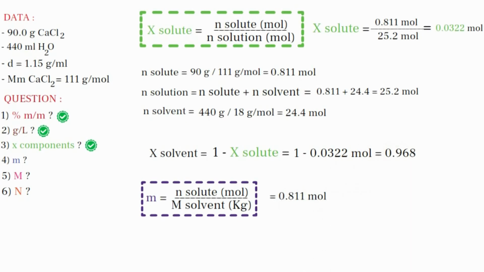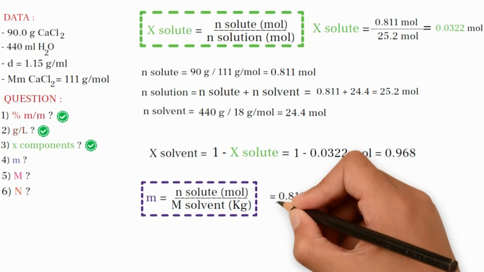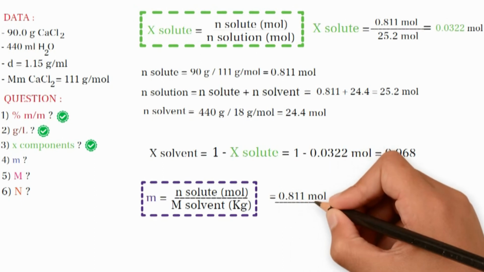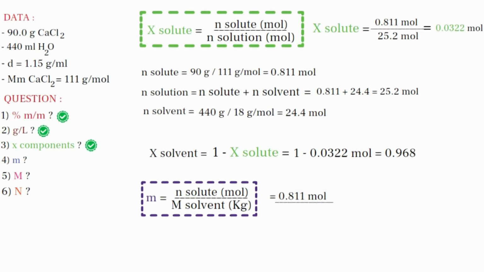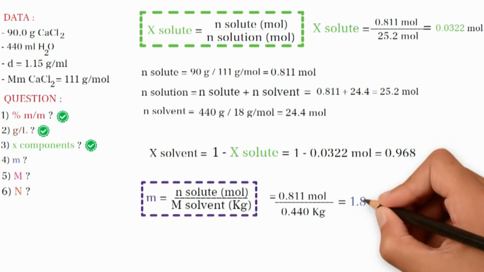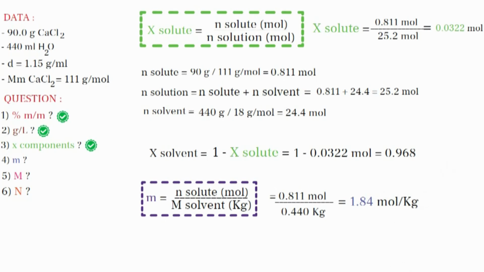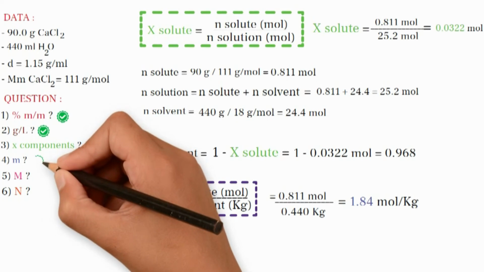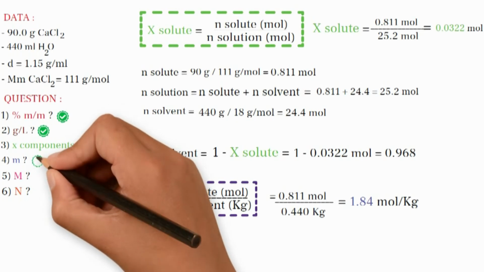The mole of solute is 0.811 because we calculated it for the previous question. We now need the mass of solvent, which we have also calculated. It was these 440 grams. So just convert these grams to kilos and we will have the answer for molality, which will be 1.84 mole over kilo. So we have done also this fourth question.